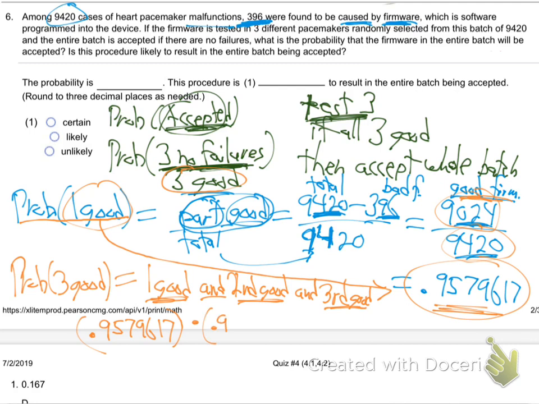And then you do it again, 0.9579617, and means times 0.9579617. Multiply those three together, and you'll get 0.879, rounded to 3 decimal places. That's the answer. 0.879 is the probability of getting 3 good ones in a row.